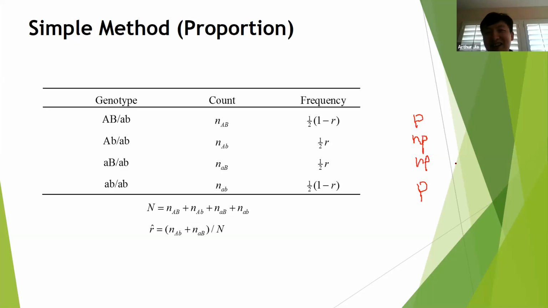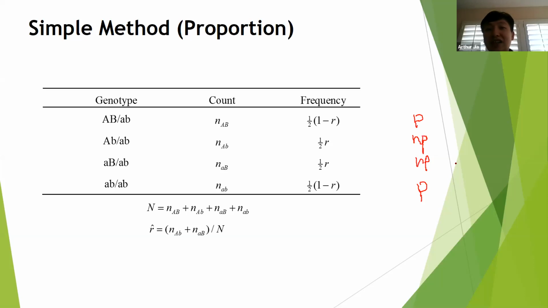So this is exactly the same as tossing a coin, so we can use the binomial distribution, right? In the binomial distribution, we only have one single parameter, which is P, the probability of being a success.